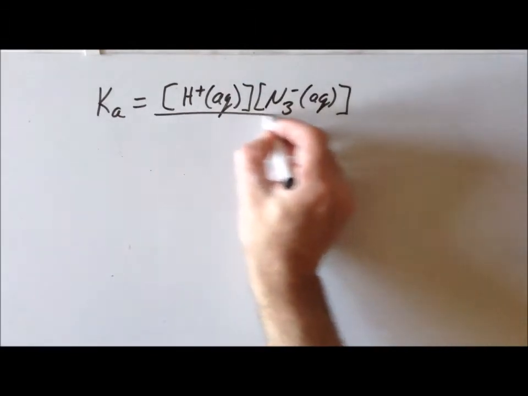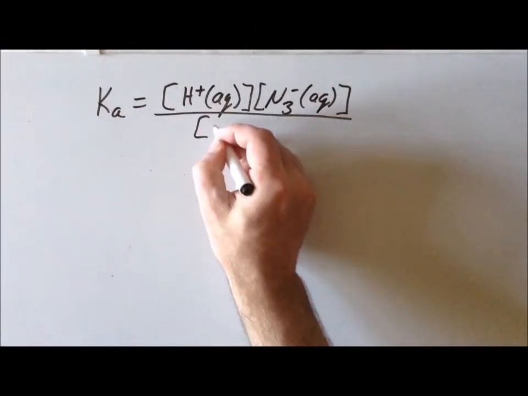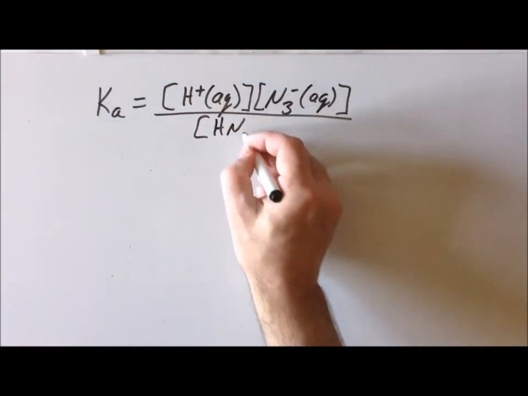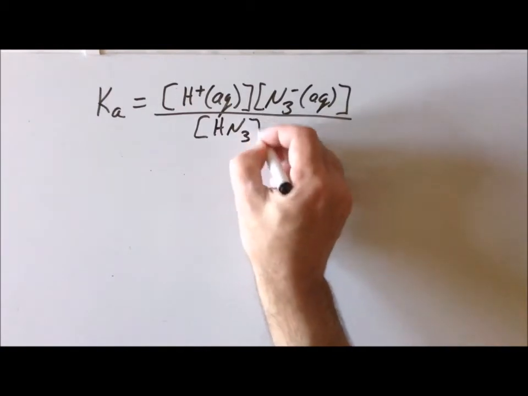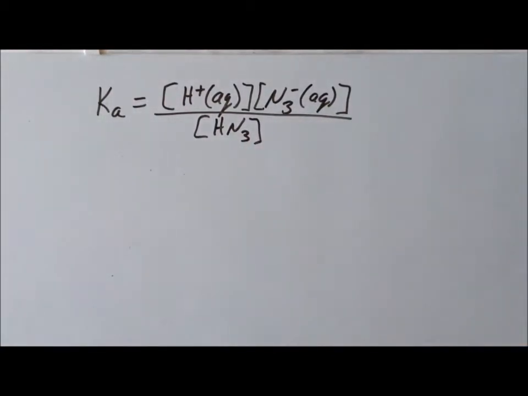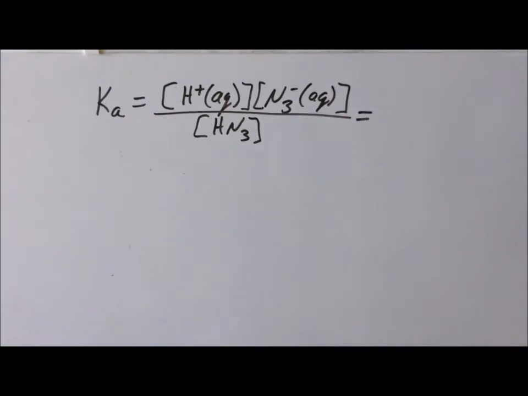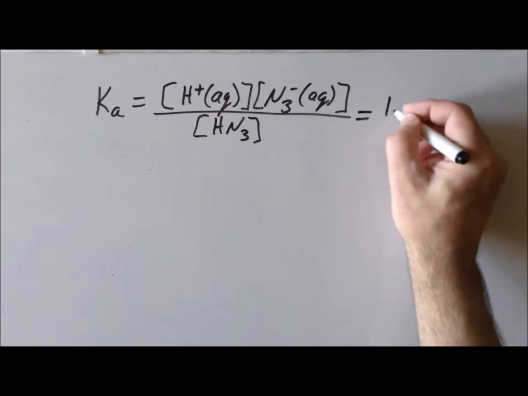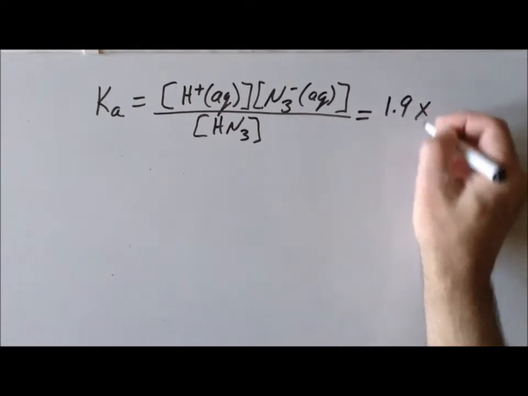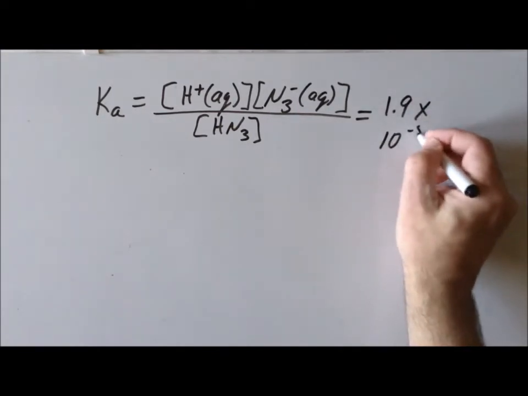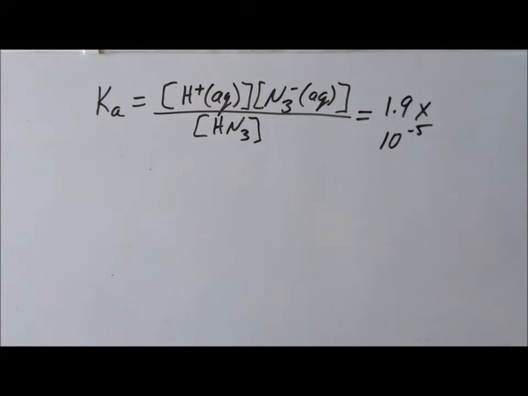And the denominator, of course, is the undissociated HN₃, hydrazoic acid. If we consult a reference work, we would see that the actual numerical value for this equilibrium constant is 1.9 times 10 to the minus 5. So that's a specific value.